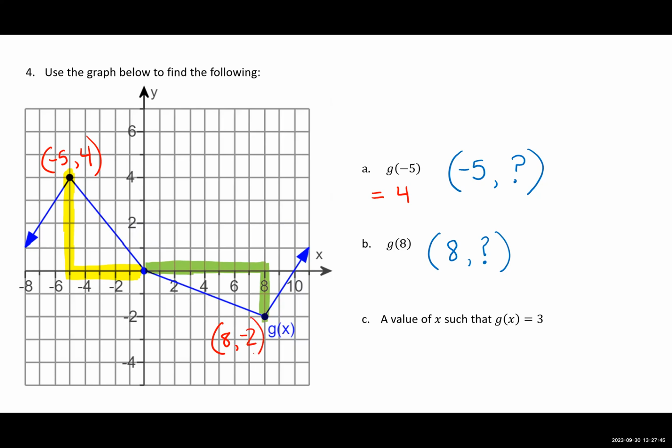So 8 horizontal brings us down to -2 vertically. So g of 8 is equal to -2. This is saying if here's an x value, what is the corresponding y value on the graph?